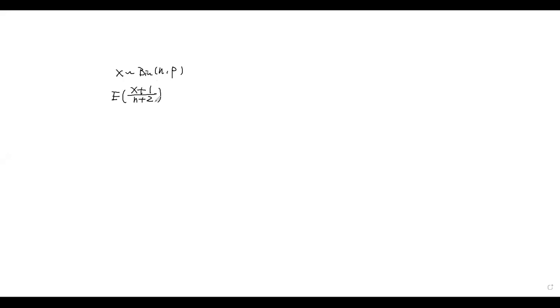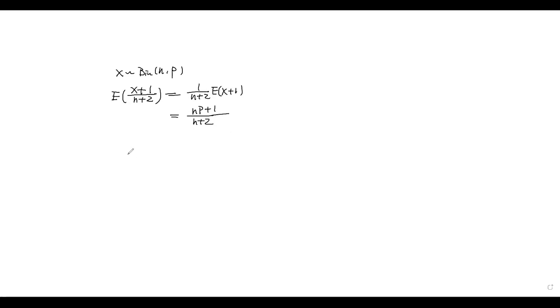Let's take a look at the expected value. Just take the n+2 out, and then this is the expected value of X+1. The expected value of X is np, plus the expected value of the 1 by itself, so it's (np+1)/(n+2).